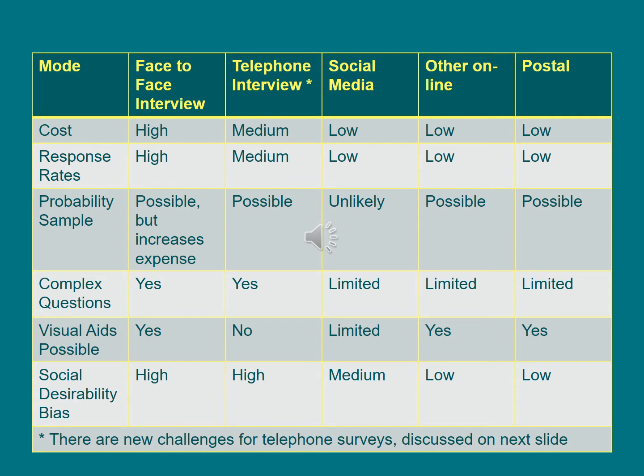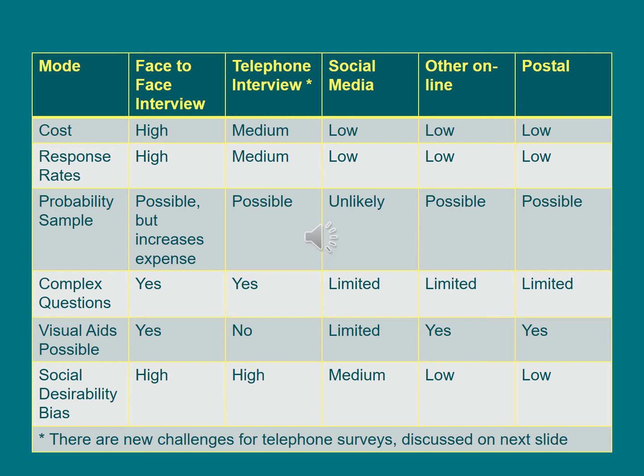On this chart, you can see that different modes of administration have different benefits and weaknesses. Probably the highest cost is face-to-face interviews, but it's also got the highest response rates. By that we mean how many people that you ask actually agree to do the survey. Internet surveys and postal surveys both have much lower costs, but they also tend to have much lower response rates.